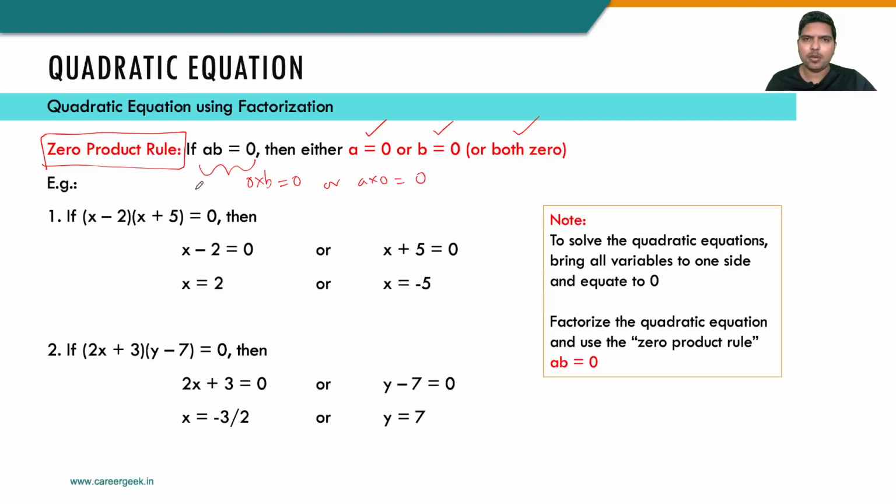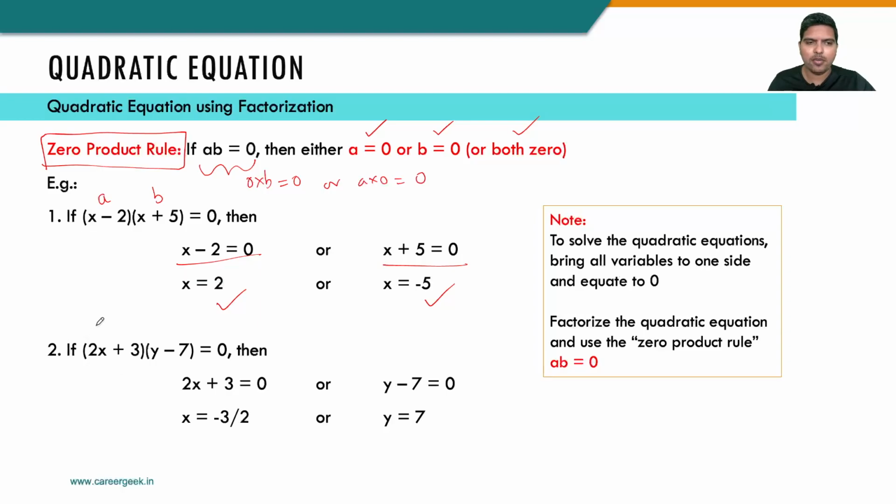Now we'll see some examples of how to apply this step 2. So let's say we have factored the given quadratic expression. Now when you are equating it to 0, you take the first product x minus 2 as a and the second one as b. So the solution becomes either x minus 2 is 0 or x plus 5 is 0. So from there you get two values of x.